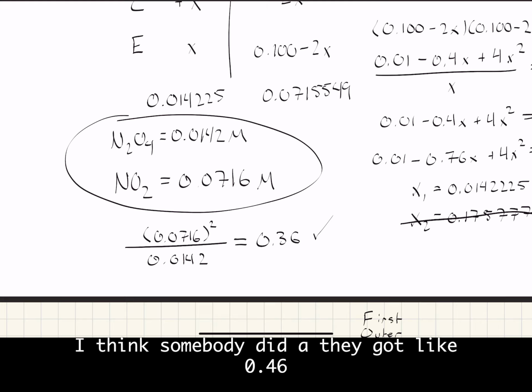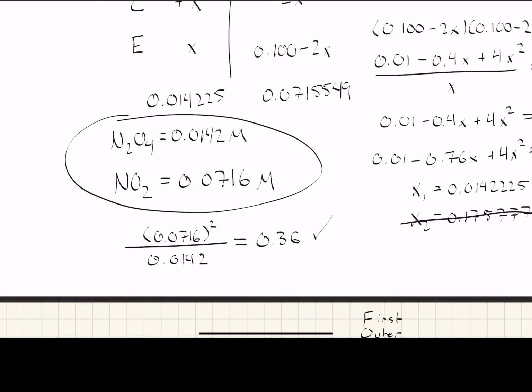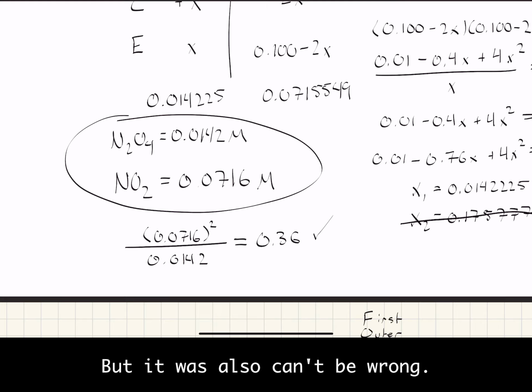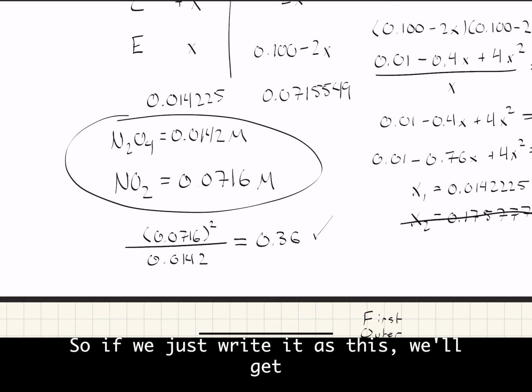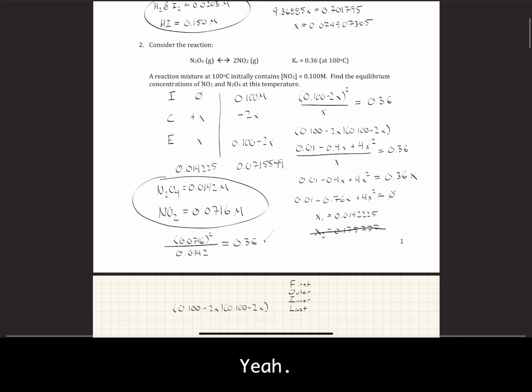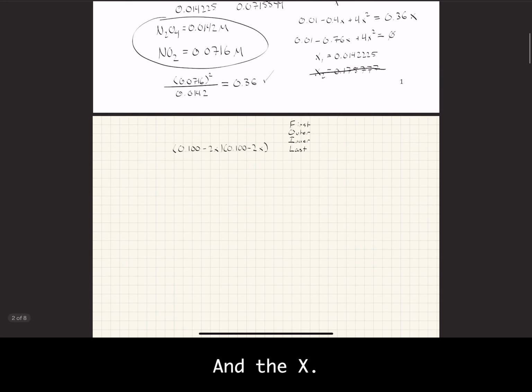I think somebody got like 0.46 and they rounded that to 0.5 and then they rounded that to 1. Well, it doesn't work that way, but it was also kind of clever. Keep rounding till you get the number you want. So if we just write it as this, we'll get a full mark, as long as you show most of the other work, and X.